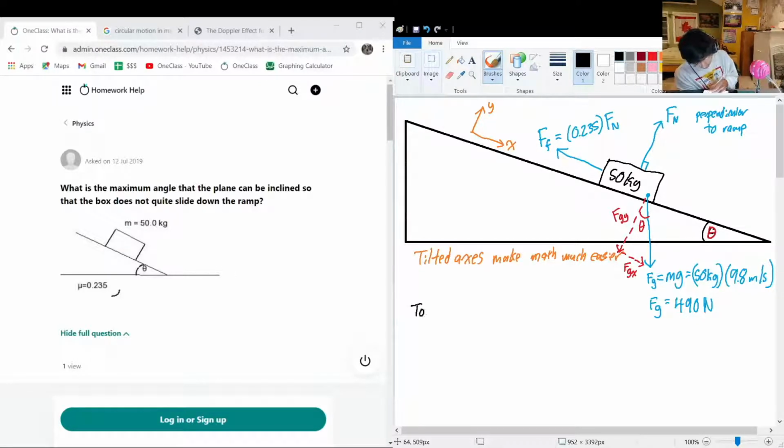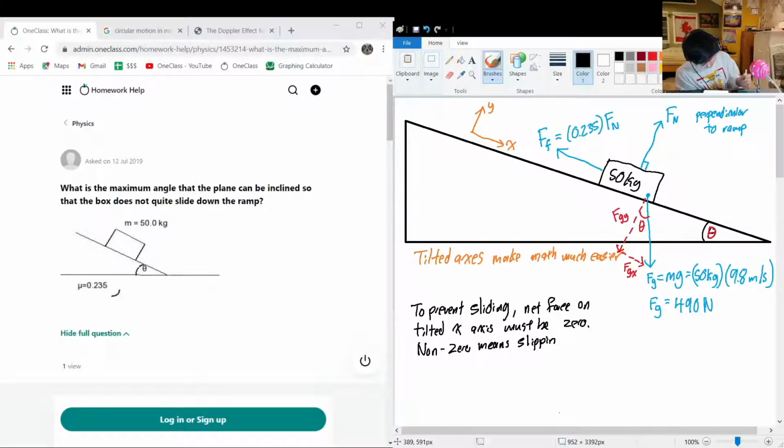So to prevent sliding, net force on tilted x-axis must be 0. Non-zero means slipping.